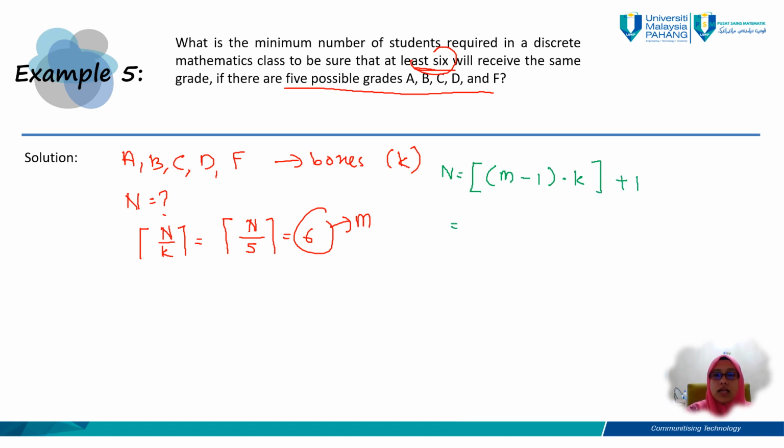So we will have 6 minus 1, multiplied by 5, and then plus 1. 6 minus 1 is equal to 5. 5 times 5 is 25. 25 plus 1 is equal to 26. So this is the minimum number of students required in a discrete mathematics class.